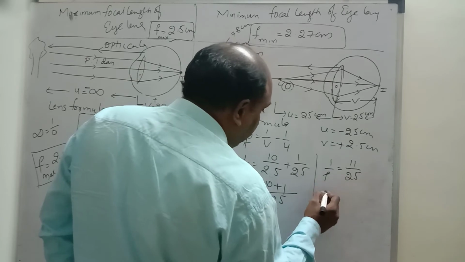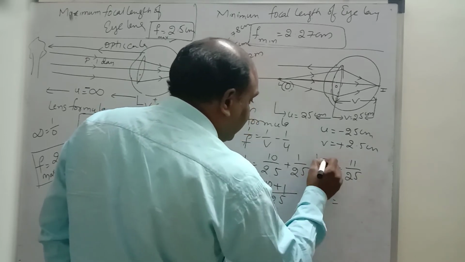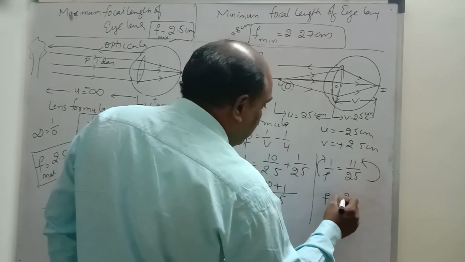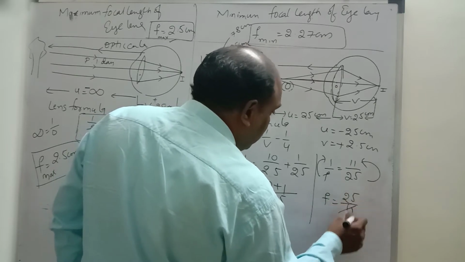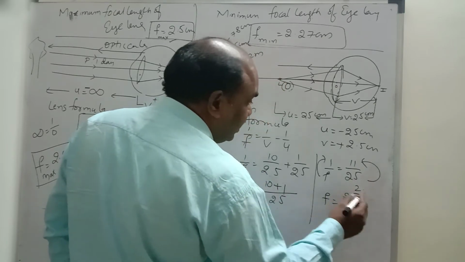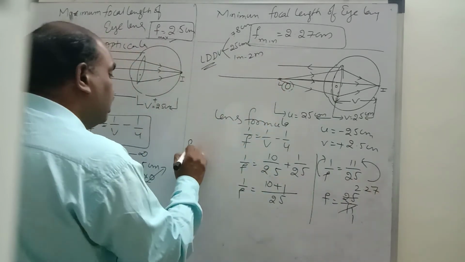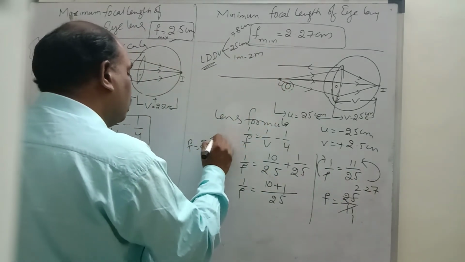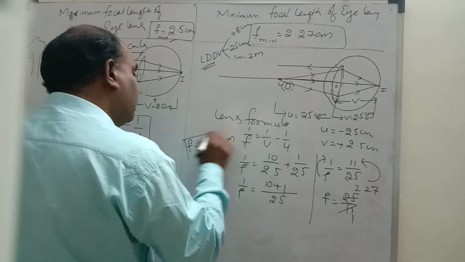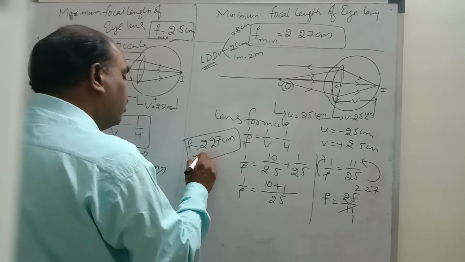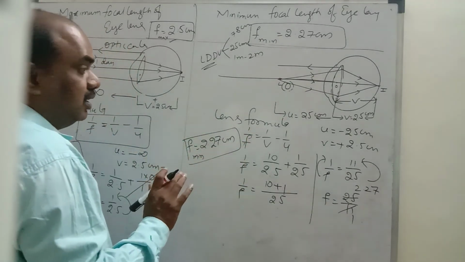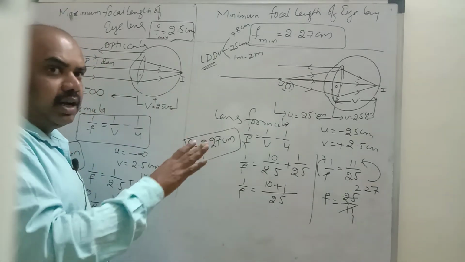But we don't want 1 by f, we want f. Reverse it, 25 by 11. 11 2s are 22, remainder 3, 30, 11 2s are 22, 80. 2.27. f is equal to 2.27 centimeter. What is this? This is the minimum focal length of the eye lens. Just remember these values. The procedure is not required.